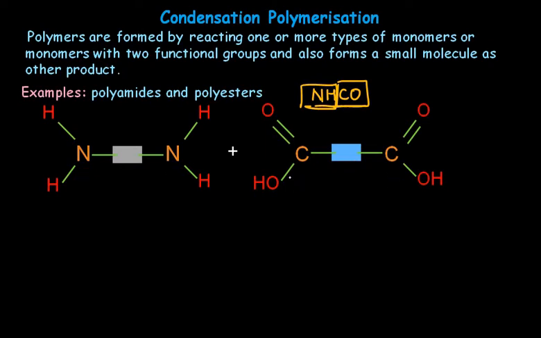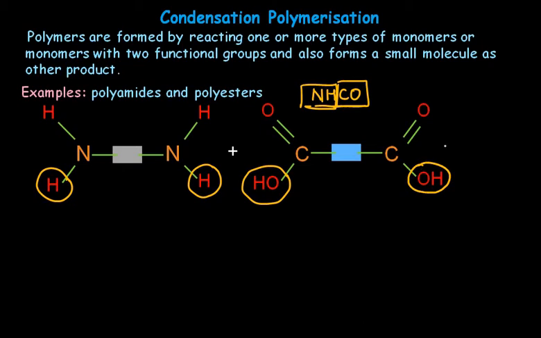Now during the reaction of these two functional groups, what happens is that the OH group of the carboxylic acid and the H of the amine group get removed and form water. But it's not happening just on one of the functional groups. It will happen on both of the amine groups and both of the carboxylic groups.